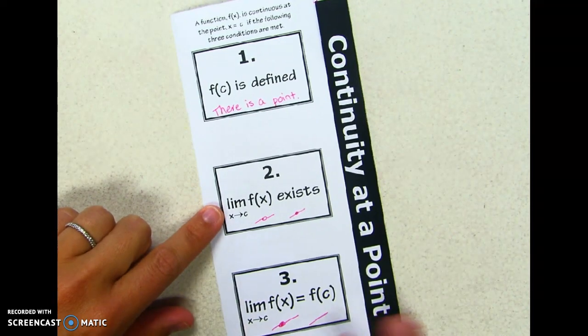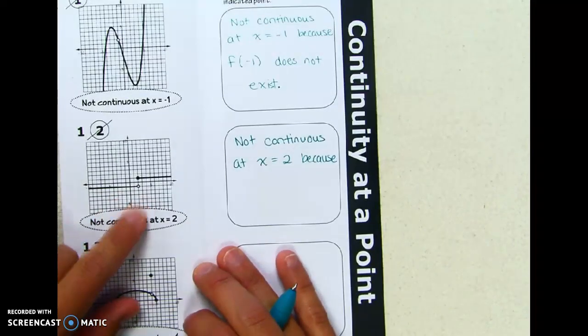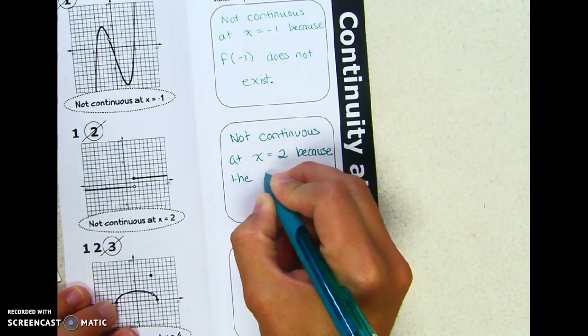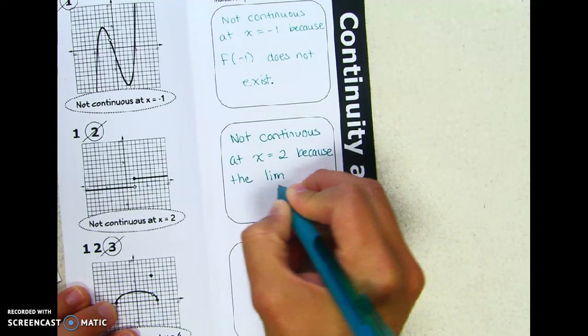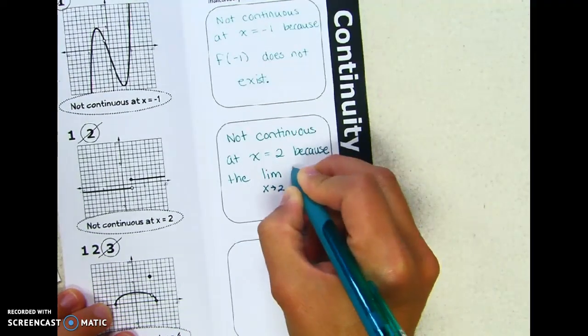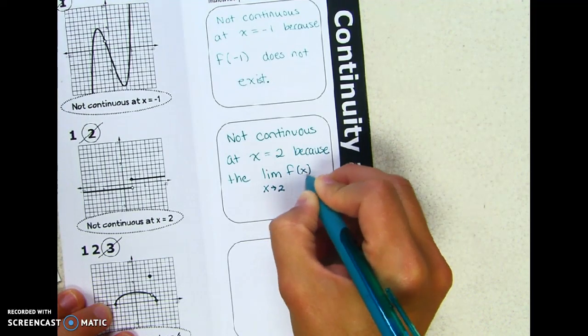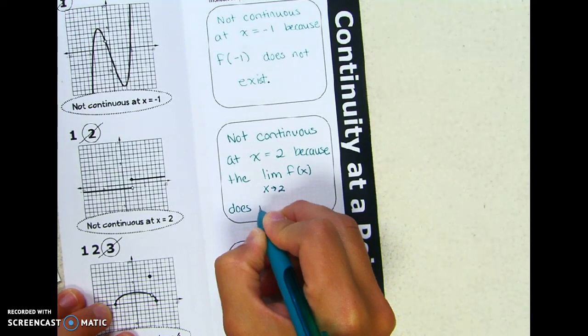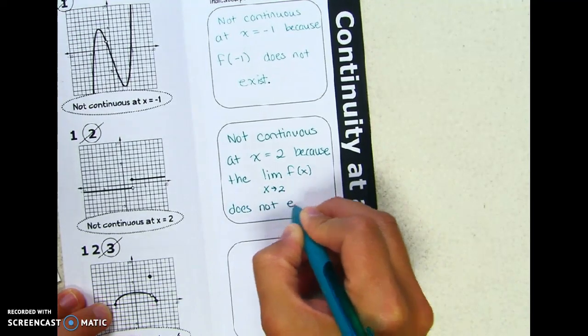So it's reason number 2. The limit does not exist because, do you see the break there? Okay, ready? You're going to practice your form. The limit as x approaches 2 of the function, you don't put f of 2, you put f of x, does not exist.